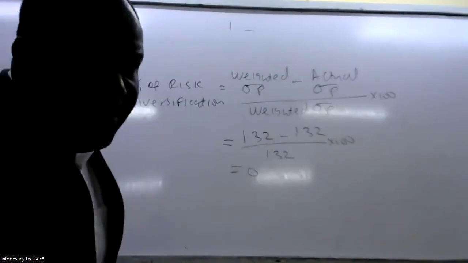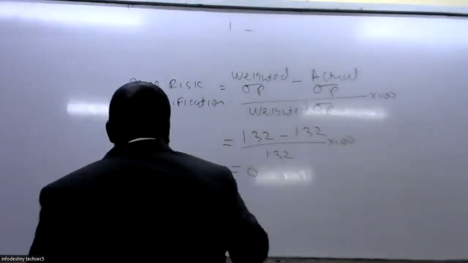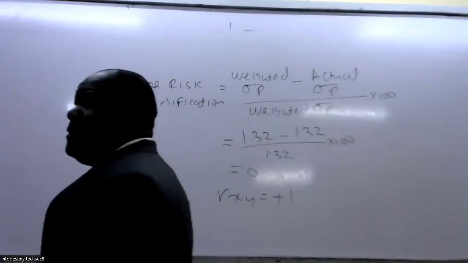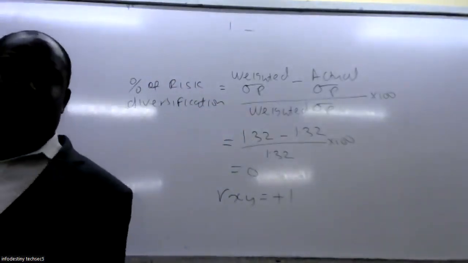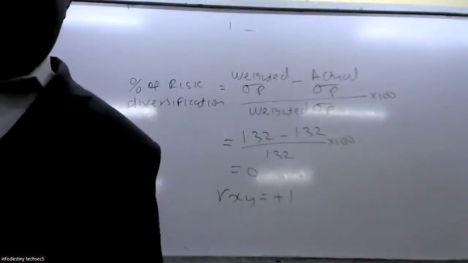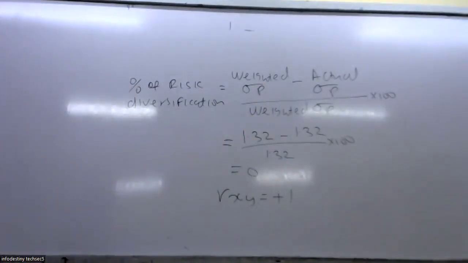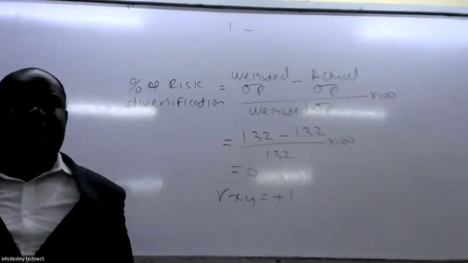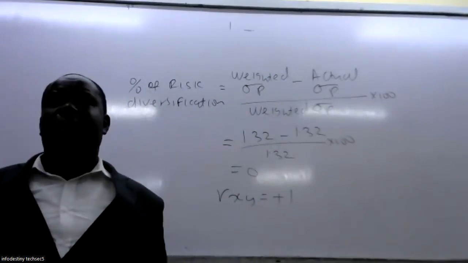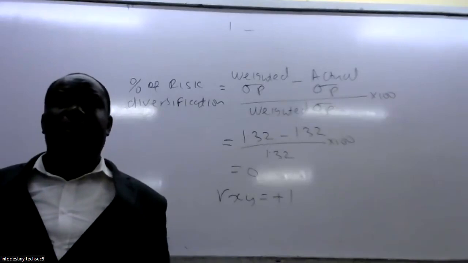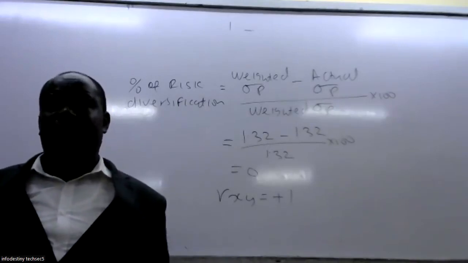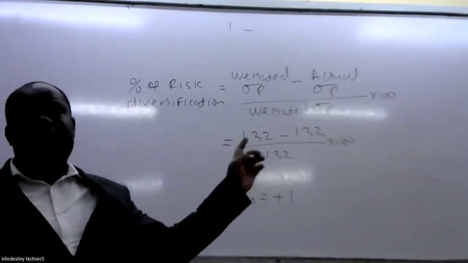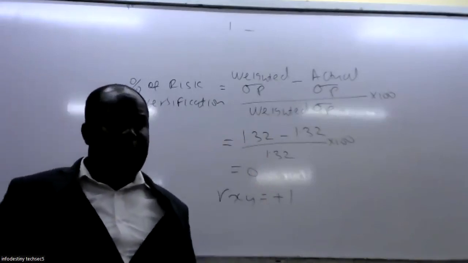Because if you remember, when you calculated the correlation coefficient between X and Y, that figure was +1. When you go back in the notes, I had explained that +1 means that the two securities are perfectly positively correlated. If they are combined to form the portfolio, there will be no risk minimization. That's why we get a 0 from that point.